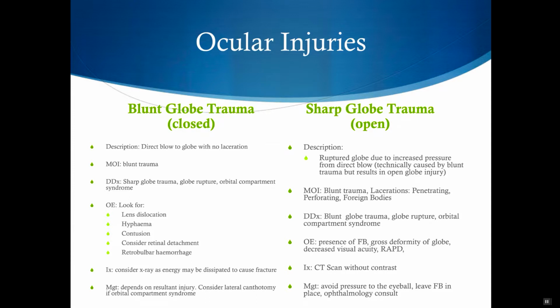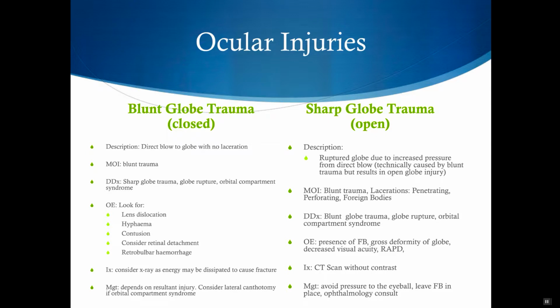For sharp globe trauma, so this is where you have a penetrating injury, or essentially a direct blow that causes increased pressure that causes rupture. These ones you can either have a laceration, blunt, penetrating, and you can also have associated foreign bodies as a result.